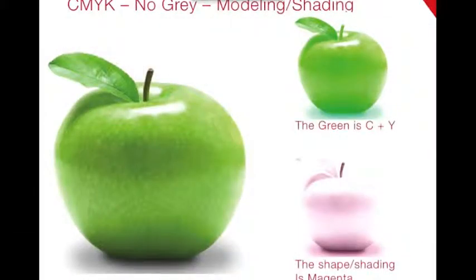However, there are going to be times where we have images which don't contain a grey. And I'd like to introduce you to an idea we call modelling, or you might think of this as shading. So if we take the green apple, if we were to draw this with pencils or paint it, we would probably do the shading we see with black.